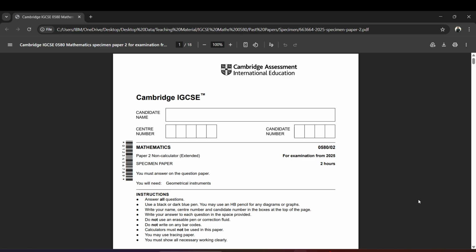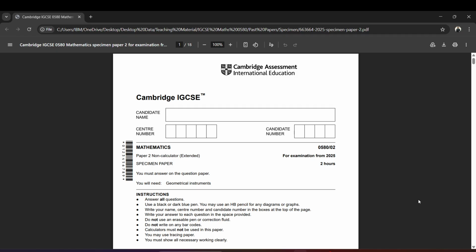One of the major changes in the recent syllabus is that paper 2 has now become a non-calculator paper. Previously you had two papers, paper 2 and paper 4, and both of them required calculators. But from 2025 onwards, paper 2 will be conducted without requiring a calculator.